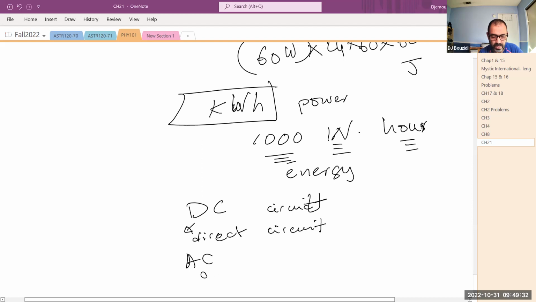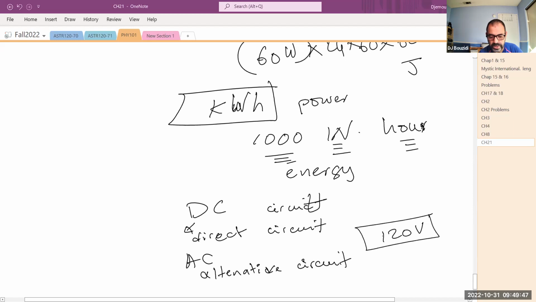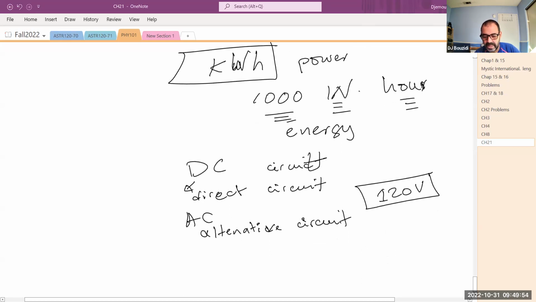I mentioned several times today that the power company delivers 120 volts, and usually that 120 volts is not a fixed voltage. It's not DC anyway. It's actually an alternating current, a current that goes like a sine wave.